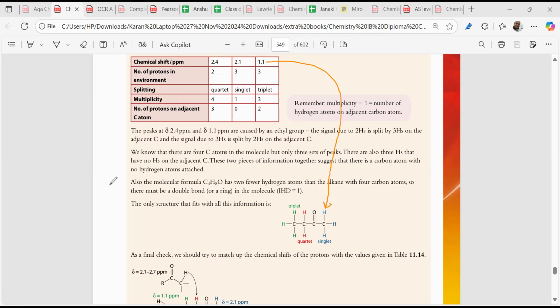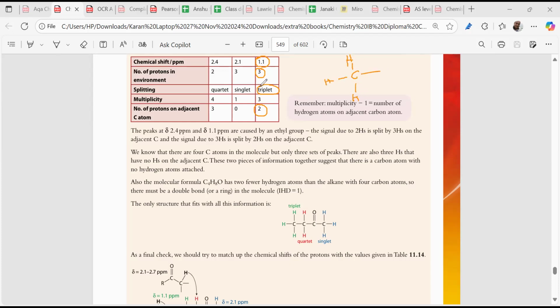This is 1.1 and the number of hydrogen environment is 3. Now this is a triplet, which means the next carbon will have 2 hydrogens, right? Clear? So can we write like this?